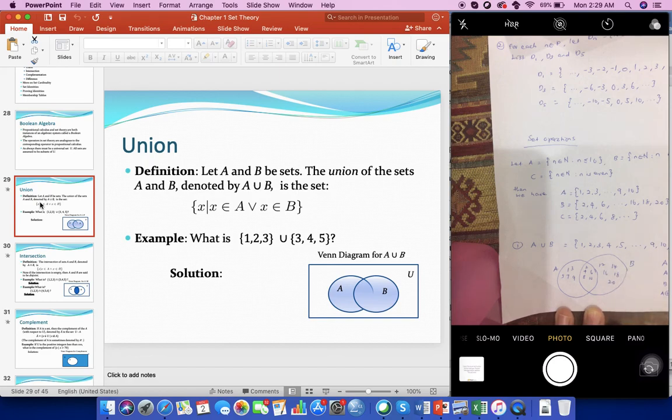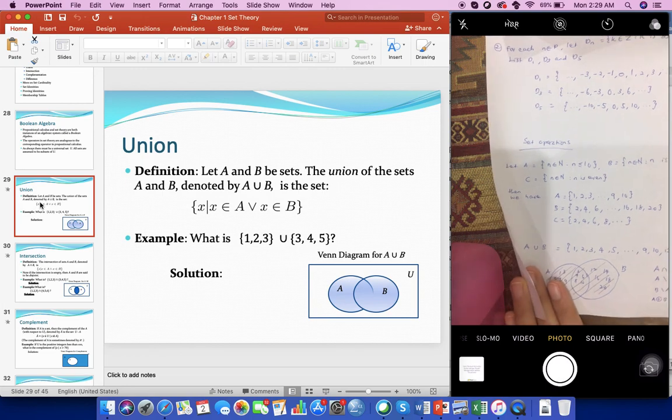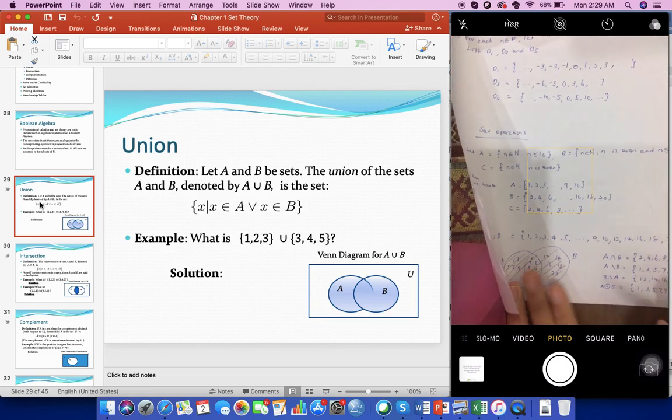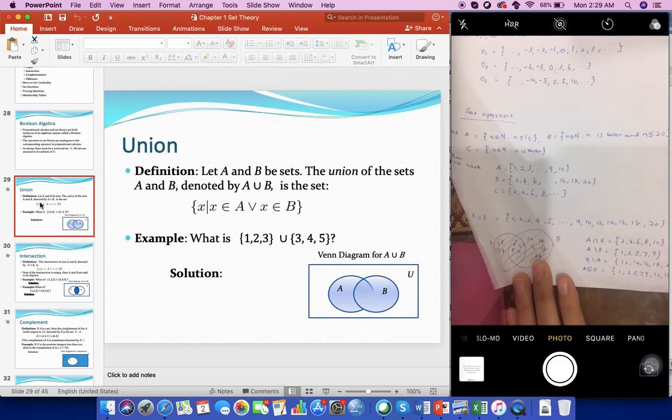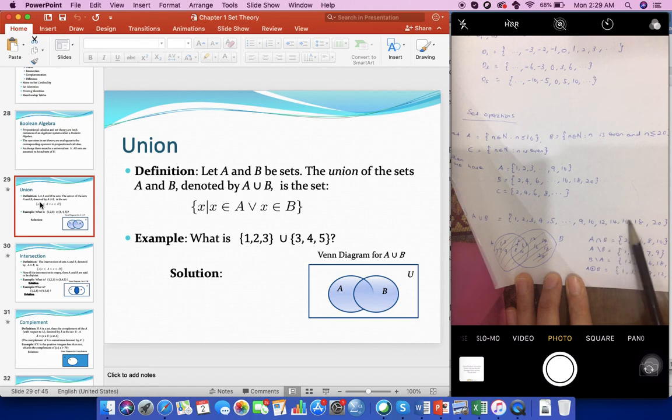When it asks for A union with B, it means all of these here. So the list of numbers of A union with B is 1, 2, 3, 4, 5 until 20.